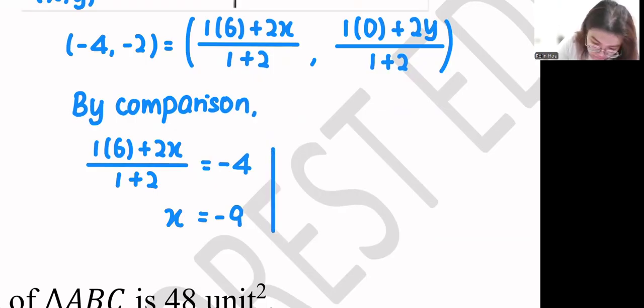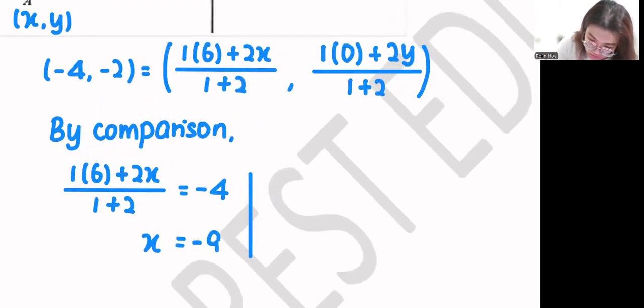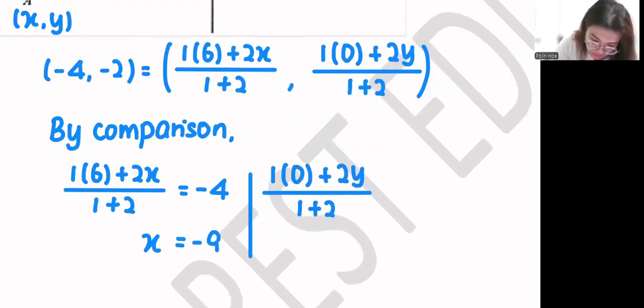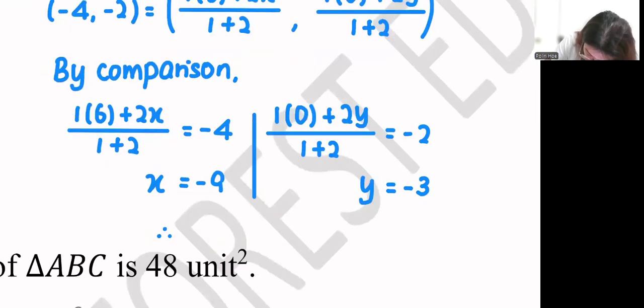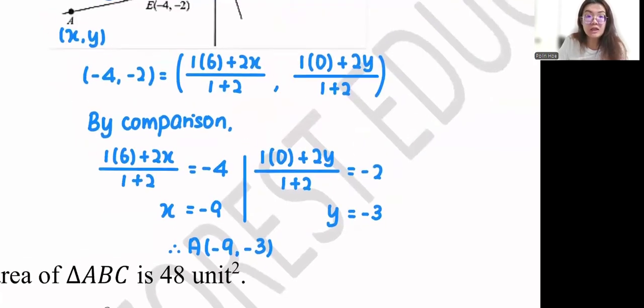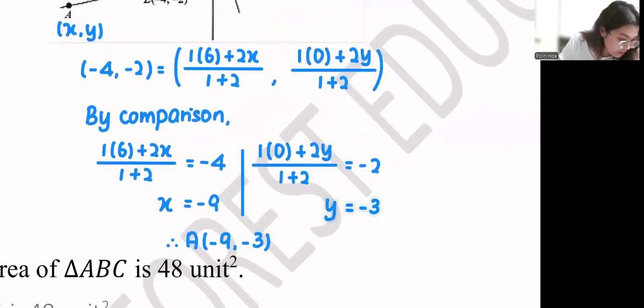The other one, the Y part, my Y is equals to -3. That is why the coordinate of A will be -9 and -3. The pattern is fixed. The pattern is always like that.